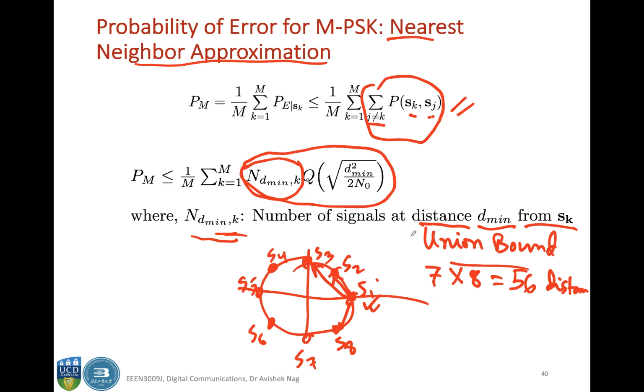So here you are calculating D mean and you are checking what are the nearest neighbors. So your number of calculations are getting much more reduced in case of nearest neighbor approximation. Why this sum is approximated by this, I will discuss later in a live session, or I will also encourage you to think about this.